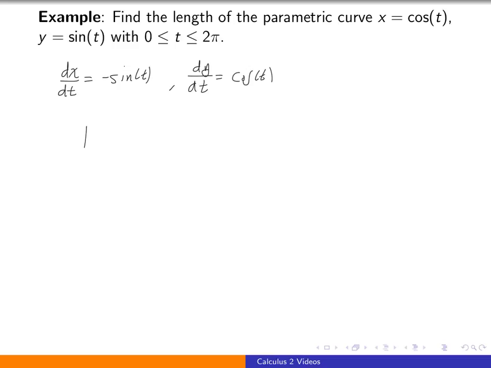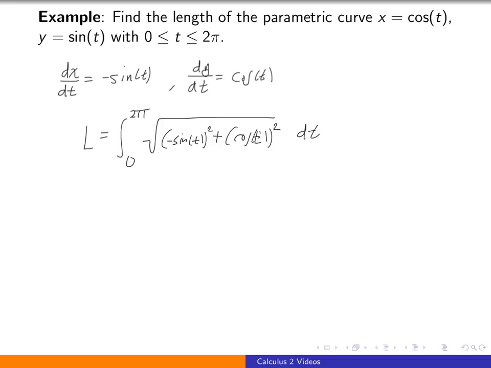Then our arc length formula is that we integrate over how the parameter t varies, 0 to 2 pi. Depending upon the interval we're given, the limits of integration would change. And what we integrate is the square root of dx dt squared, so minus sine t squared, plus cosine t squared, the dy dt.